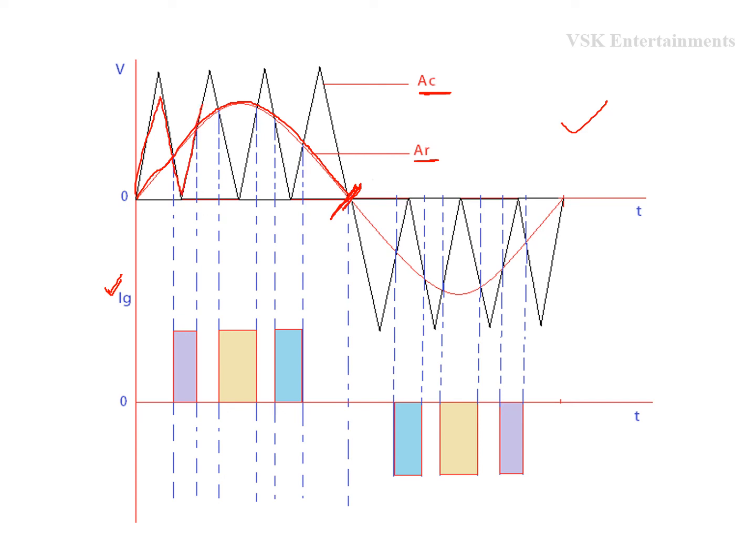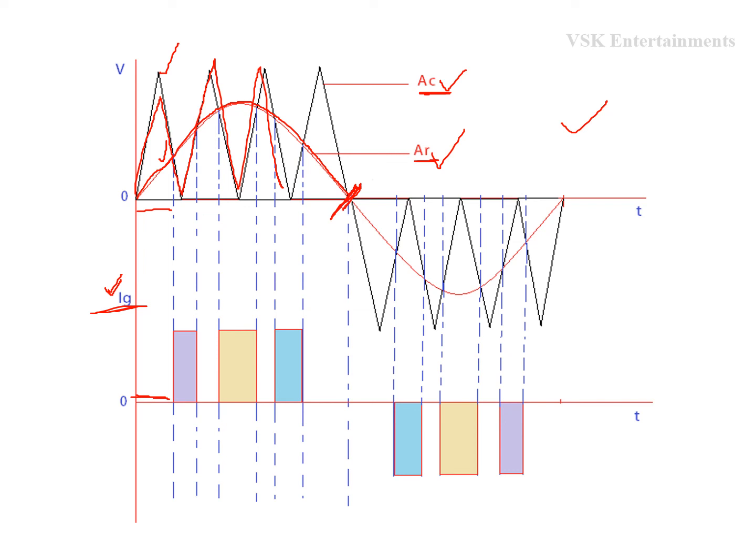These are the multiple triangular carrier signals. Now by comparing the magnitudes of reference as well as carrier, we are going to generate the gating pulses. In this duration, the magnitude of carrier signal is greater than the magnitude of reference signal, so we are not going to get any gating pulse.